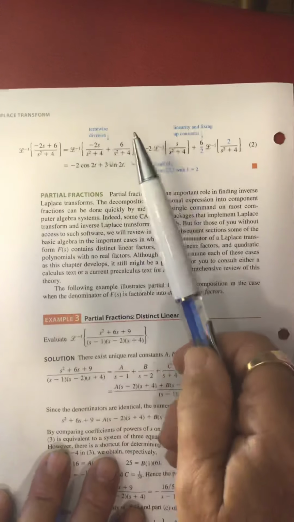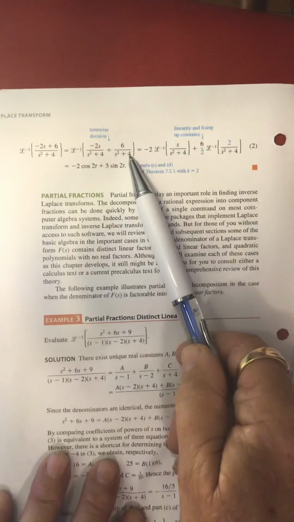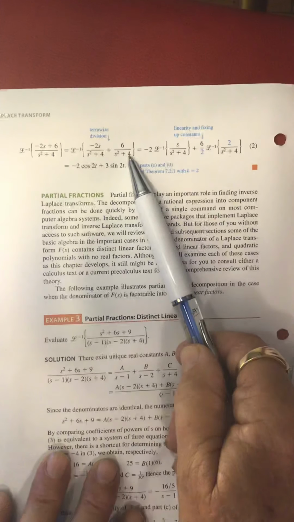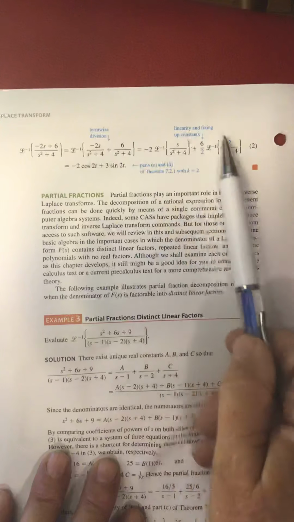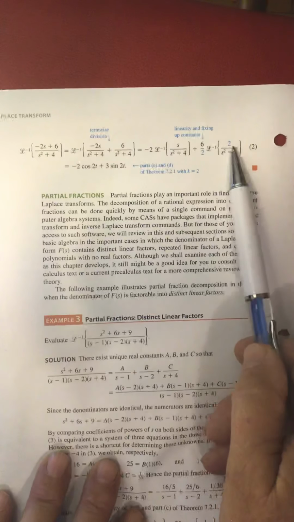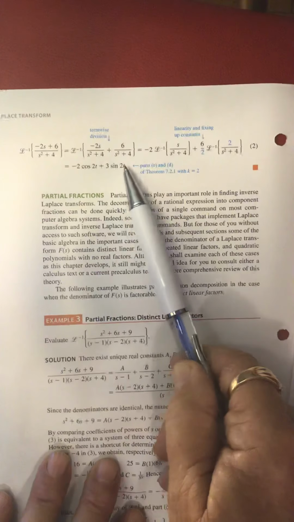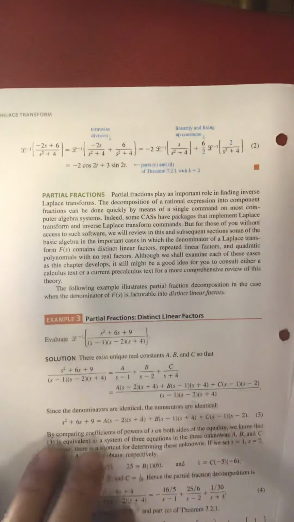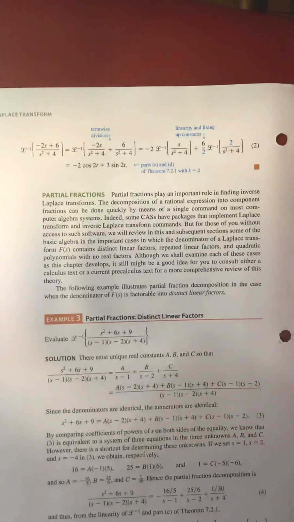Go look at it. Now for this one I need s squared plus 4, k is 2, so I need a 2 on top. I've got a 6, so if I pull out a 3, I now have a 2 on top. And now this is going to be 3 sine of 2t. That's how we do it. Sometimes it's a little more difficult than that.